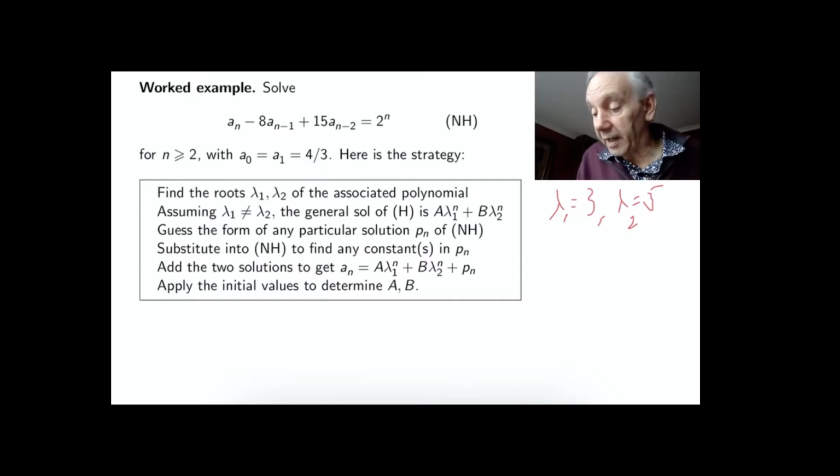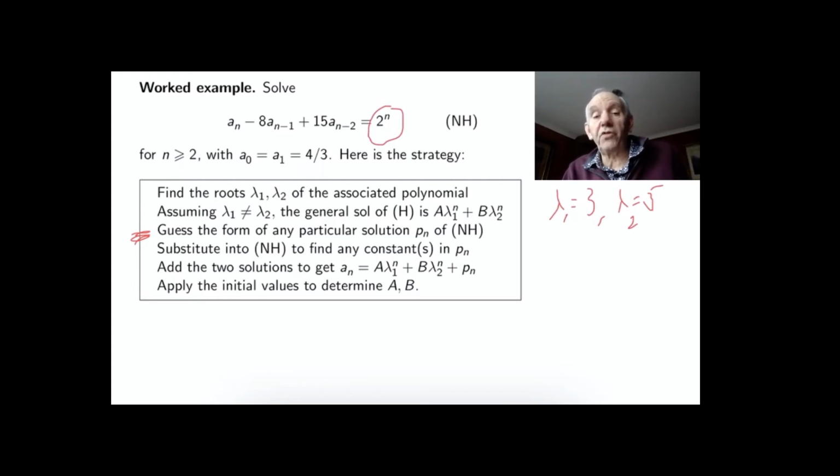Now the bit that can be a bit tricky: we have to guess the form of a particular solution of the non-homogeneous equation. I'm going to type this out in a moment, but let me just do it by hand now. The extra term, I sometimes call it the forcing term, thinking of differential equations, in this case is 2 to the n.